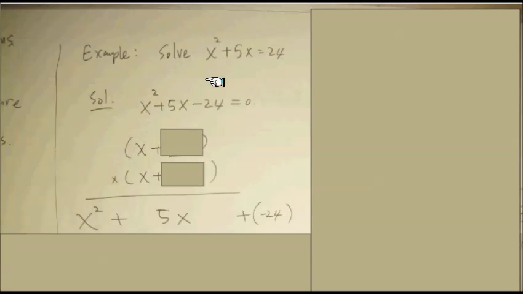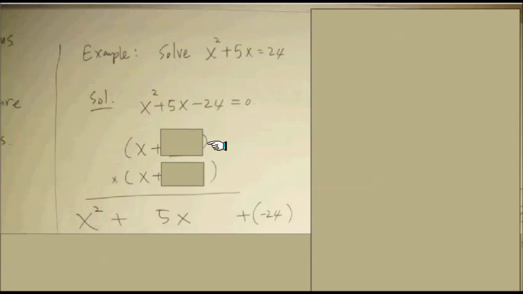Suppose we're solving x squared plus 5x equals 24. To use this factoring method, make sure you have 0 on one side, so we subtract 24 from both sides. So you have x squared plus 5x minus 24. After you factor this polynomial, if you don't have 0 on the right-hand side, you don't have much of a conclusion.